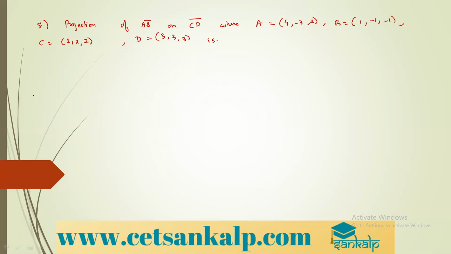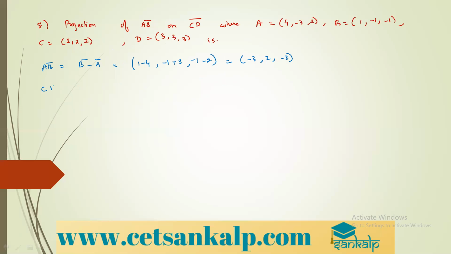First of all, we have to find a few things which are important. We have to find vector AB, that is B minus A. So that will be 1 minus 4, −1 plus 3, −1 minus 2, or (−3, 2, −3).